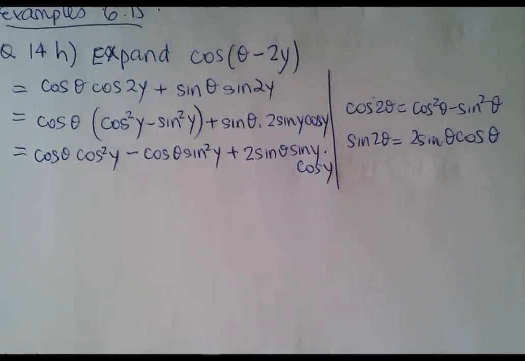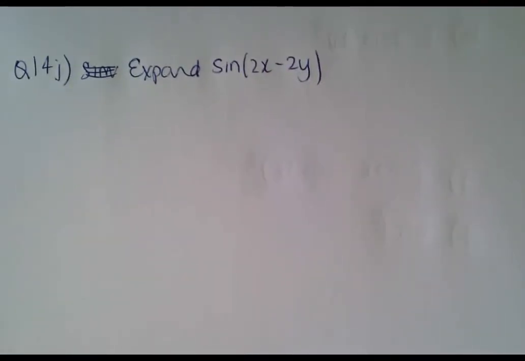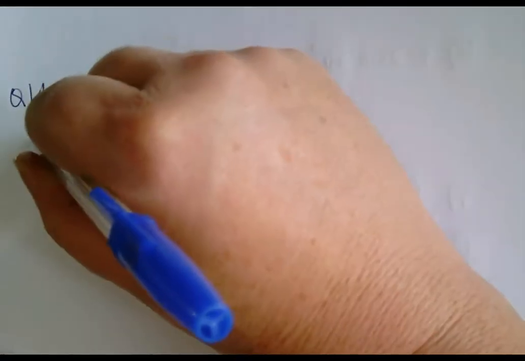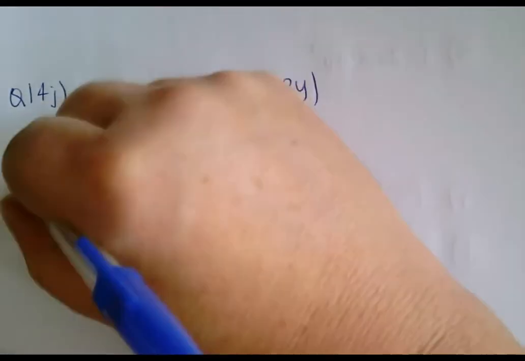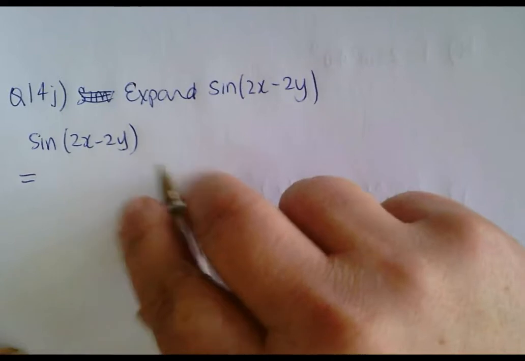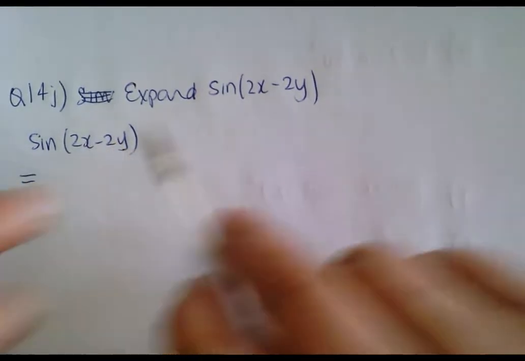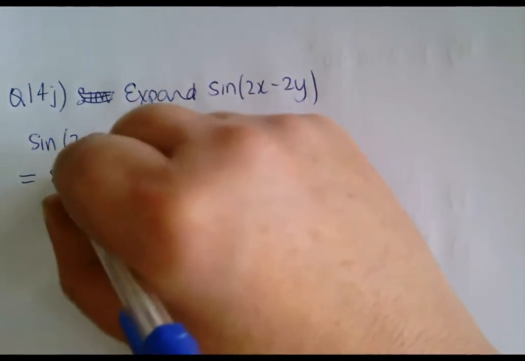All right, let's look at 14J. Expand this sine 2x minus 2y. Again, we'll use our result for sine. And what's that one? You could factorize out the 2 here, but I wouldn't. It'd be very tricky. So let's just do a normal sine expansion.